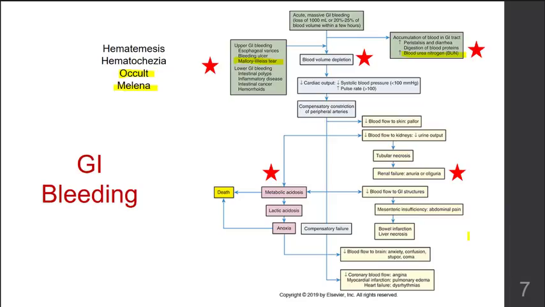Now, the lower star here on the left is talking about metabolic acidosis. When someone is suffering from hypovolemia, so low volume of blood within the blood vessels, it'll make sense that there'll be a decrease in blood flow then to such organs as the kidneys. And this can lead to kidney failure.